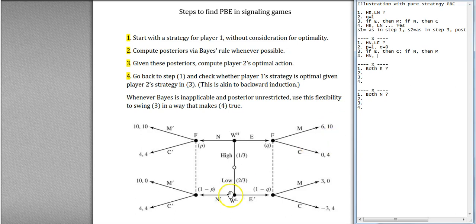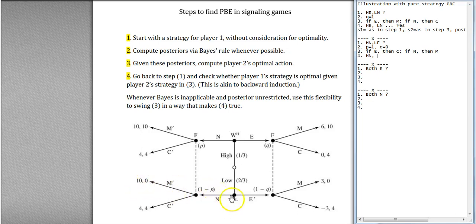All right, so the high ability person wants to not get educated. What about the low ability person? The low ability person can get educated, and the firm would then believe that you are a low ability person and make you a clerk, and you get a payoff of -3. Or you can become not educated, and this is the type of thing that a high ability person does, and that's going to lead the firm to wrongly believe that you are a high ability person, and it's going to make you a manager, and you get a payoff of 10.